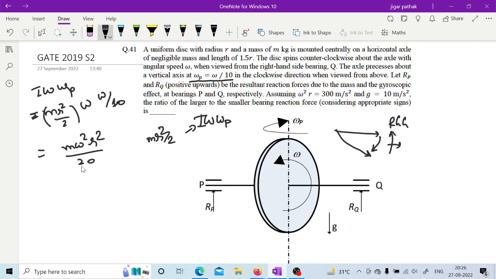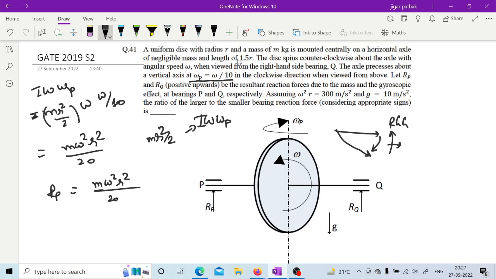So once you get this, the reaction force at this bearing due to this particular gyroscopic couple, let us say this Rp, will be this couple divided by the distance, that is 1.5 r.